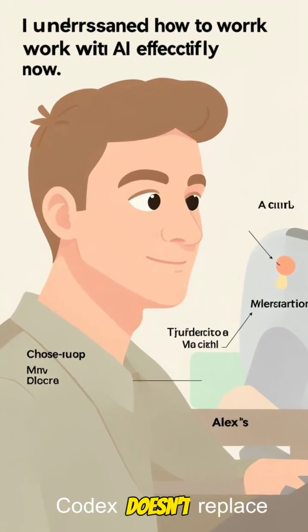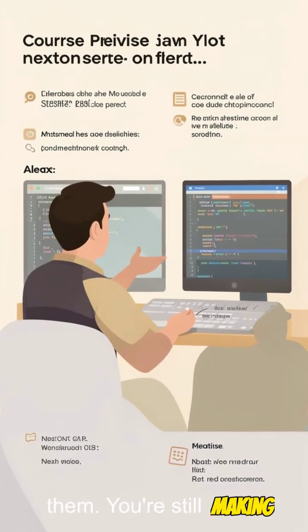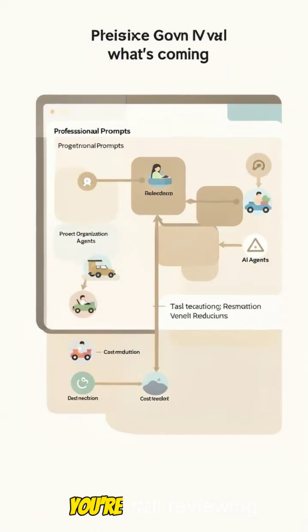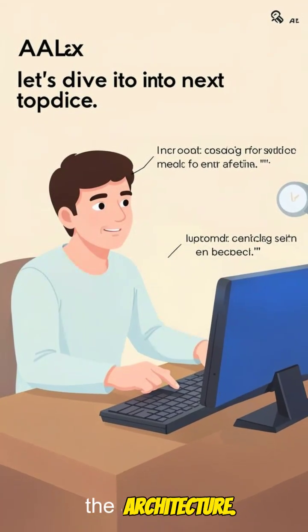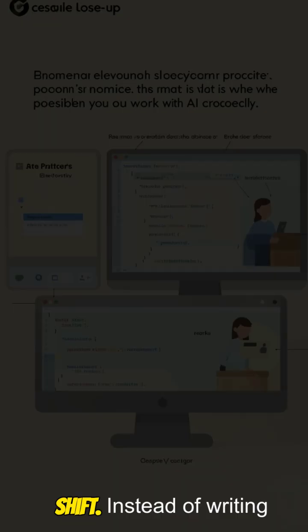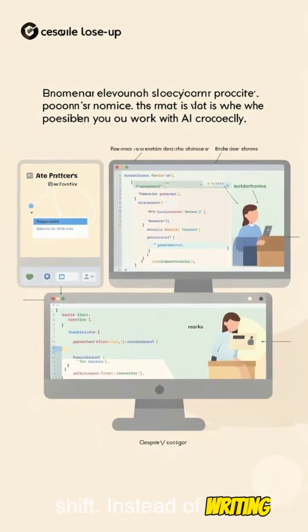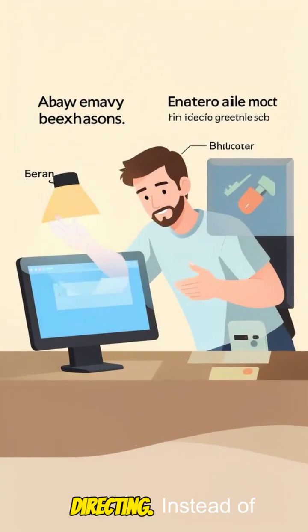There's another important idea. Codex doesn't replace developers, it amplifies them. You're still making the important decisions. You're still reviewing the code. You're still designing the architecture. But repetitive work stops consuming hours of your day. That's a huge shift. Instead of writing every line of code yourself, you start directing.